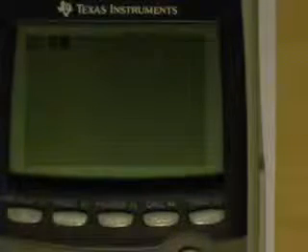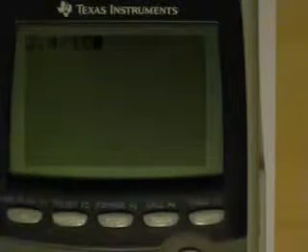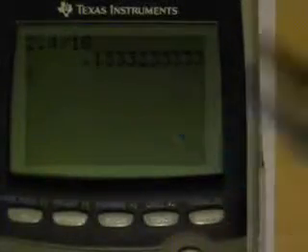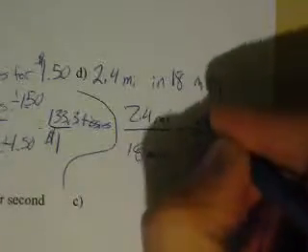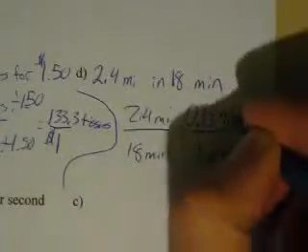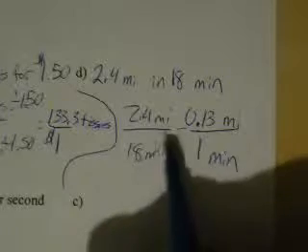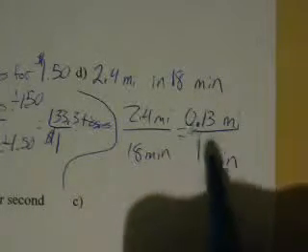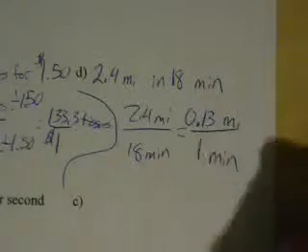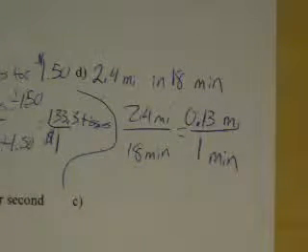So I take my handy dandy calculator. 2.4 divided by 18 equals, I got 0.1333333, whatever, miles. So if I can run 2.4 miles in 18 minutes, in 1 minute, I can run just over 1/10 of a mile.